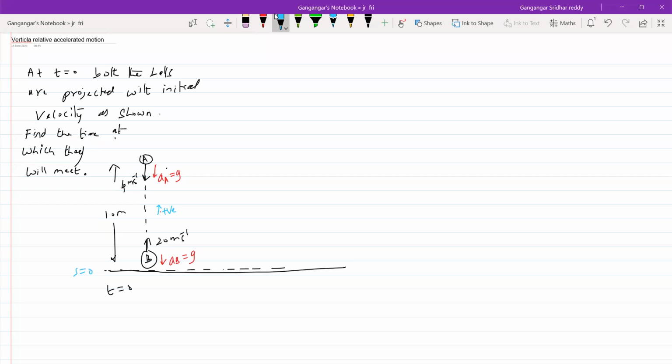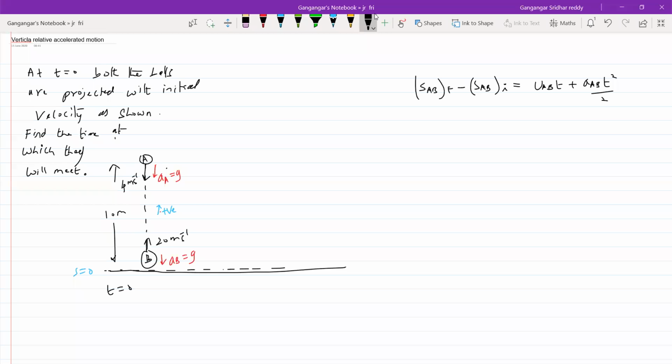Let's go to the formula: S_AB final equals S_AB initial plus U_AB t plus a_AB t square by 2. Finally, they'll meet. Where will they meet?